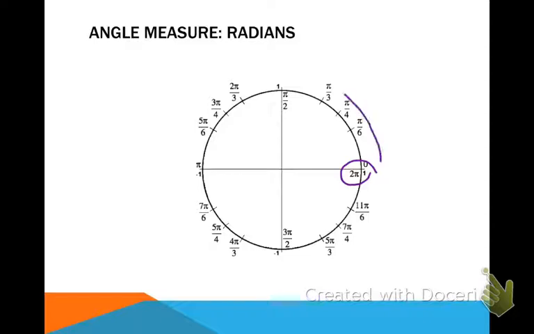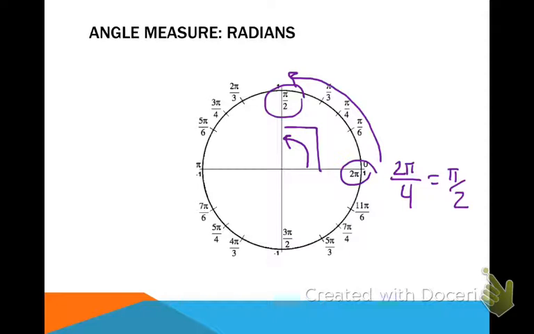If you walk a quarter of the way around your circle, or in other words, if you take the terminal side of your angle and rotate it a quarter of the way through your circle, you know that a full rotation is 2 pi radians, so a quarter rotation is going to be pi over 2 radians. And notice also that that is a right angle. So pi over 2 radians is the same angle as a 90-degree angle.